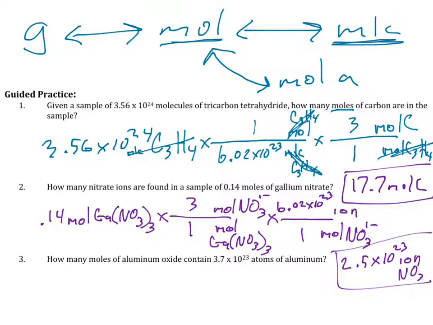And what we end up with is 2.5 times 10 to the 23 ions of nitrate. So just to recap, we know the moles of gallium nitrate, and we go from moles of gallium nitrate to moles of nitrate. And once we know the moles of anything, we can figure out how many of that thing there is, because 1 mole of anything is 6.02 times 10 to the 23rd of that thing.